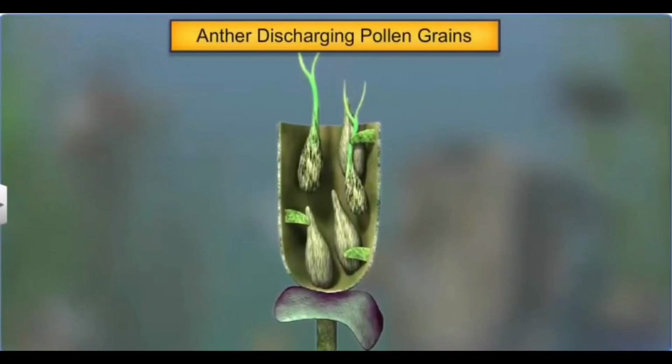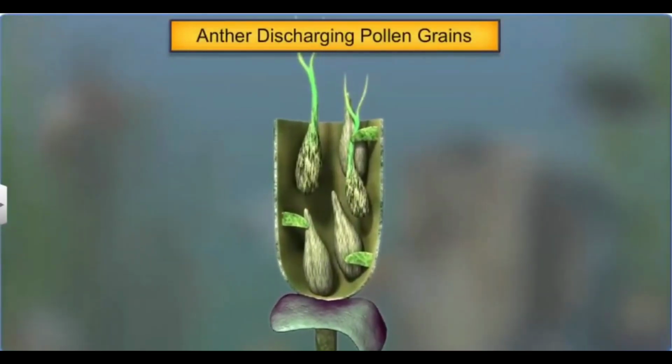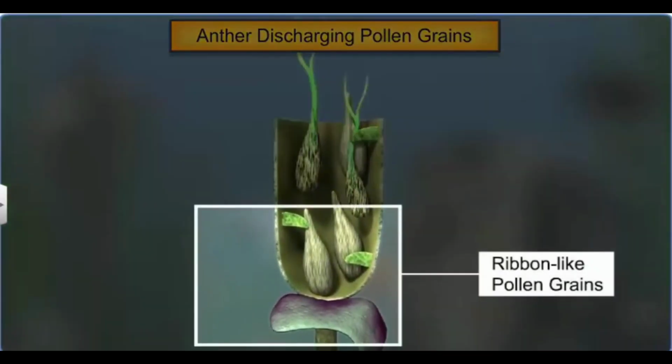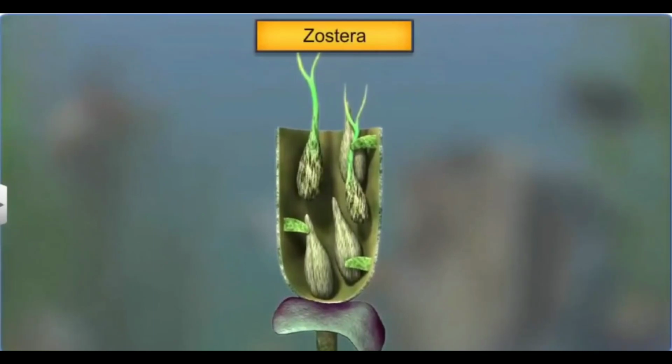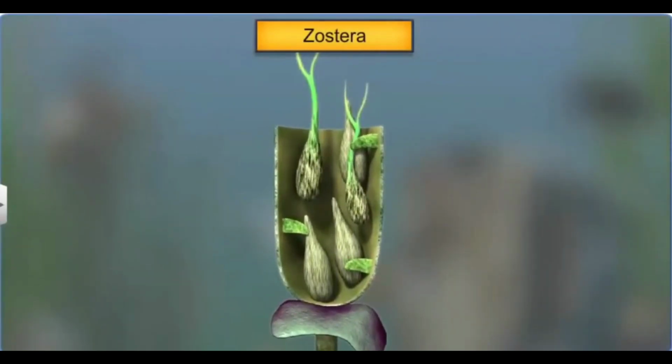The male flowers produce long and ribbon-like pollen grains which have a mucilaginous covering that protects them from getting wet. The pollen released in water is carried by water currents towards the submerged stigma, and thus pollination is completed.